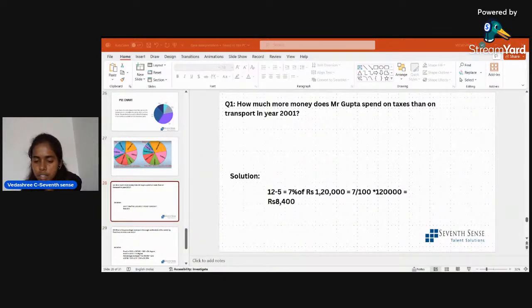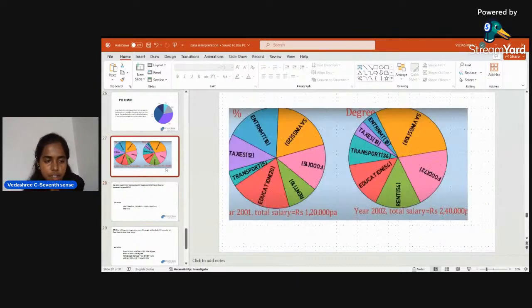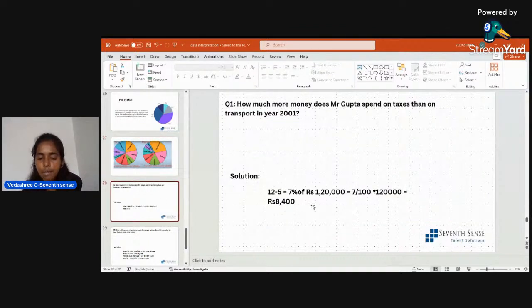So this is the question based on pie chart. First we'll calculate the difference between the taxes and the transport, that is 12 minus 5, which gives 7 percentage. 7 percentage of total, that is 1 lakh 20,000.